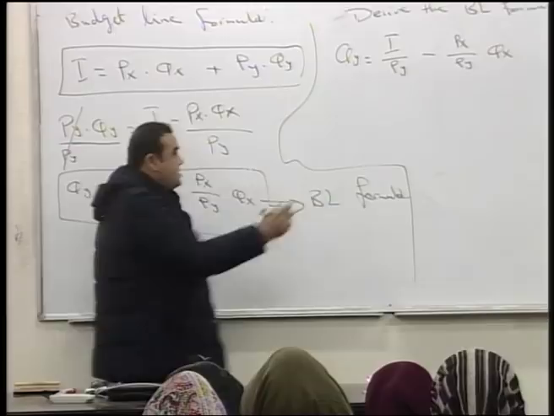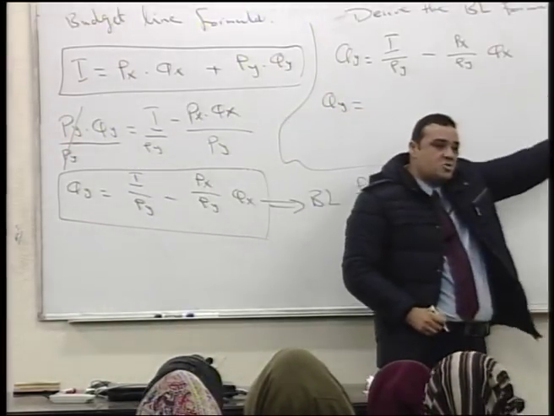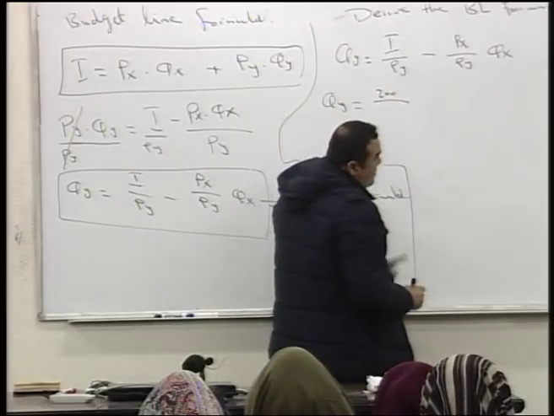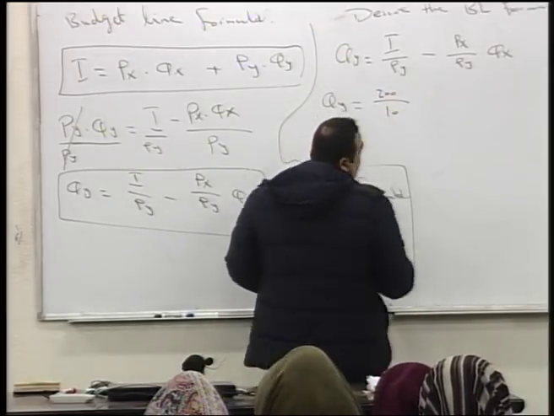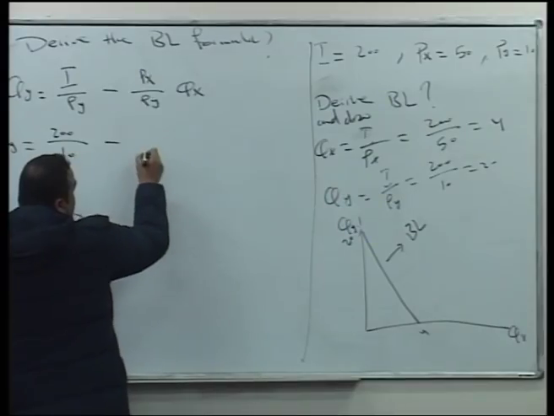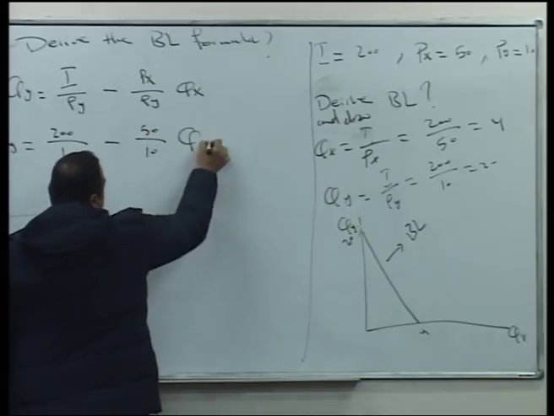So QY in this case equals income, 200, over the price of Y, 10, minus price of X over the price of Y, 50 over 10, times QX.